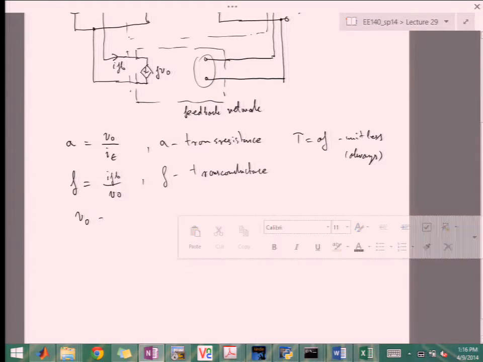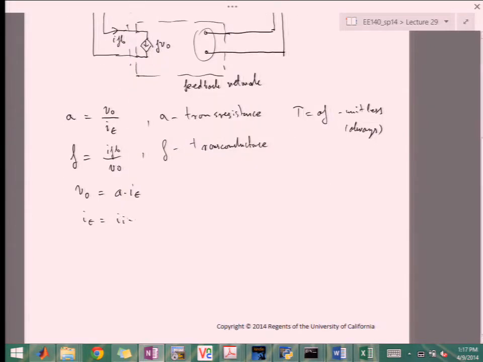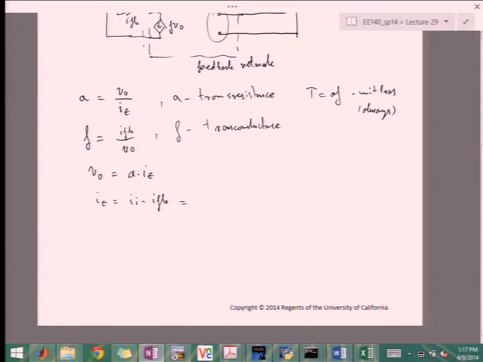So we have that VO is A times IE. Then from the input network, IE, which is the error current, is II minus I feedback, which is II minus FVO, which is II minus A times I error.